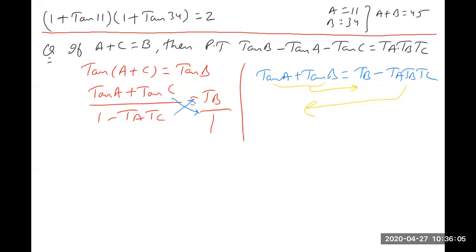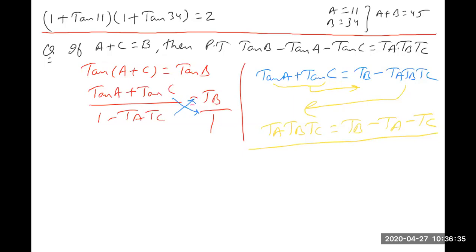So you will get tan A tan B tan C is equal to tan B minus, this is tan C, this is not B actually, this is tan C, minus tan A minus tan C. So many simple things you can make.